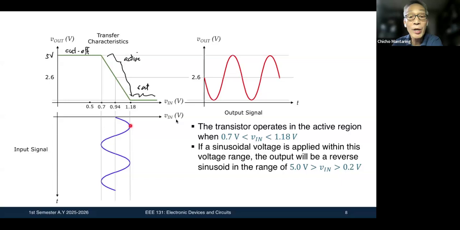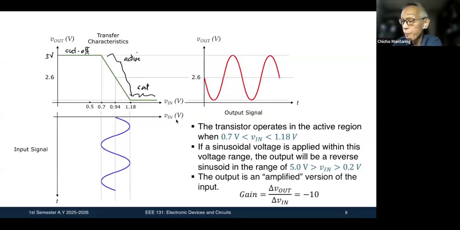This point corresponds to this point, my output is 1.18. This point corresponds to this point, my output is 5, and so forth. So as my input varies this way, my output is varying this way. My output is actually a negative of the input, if you're only looking at the time varying component of my signal.